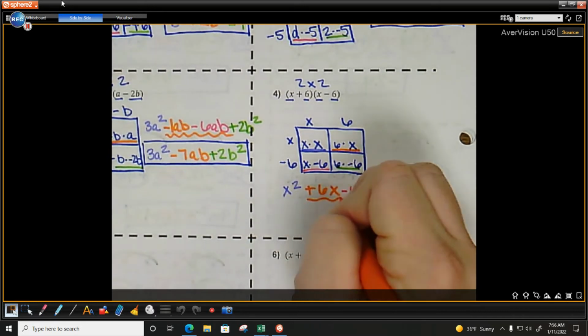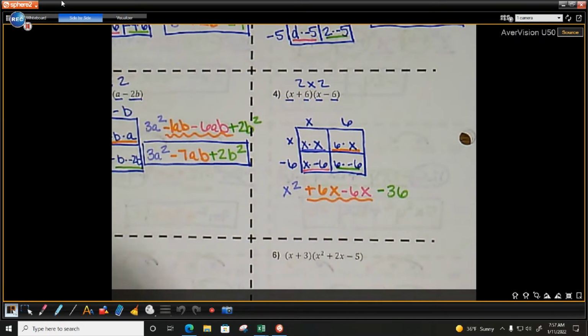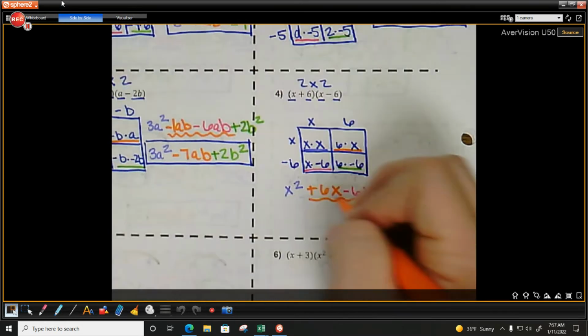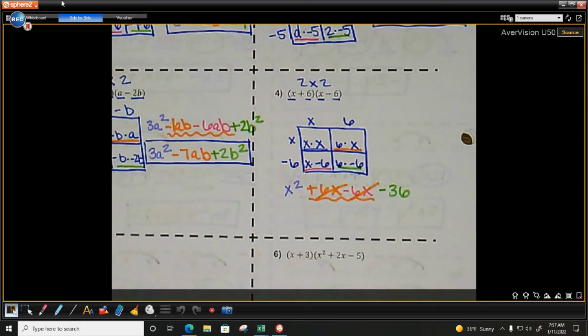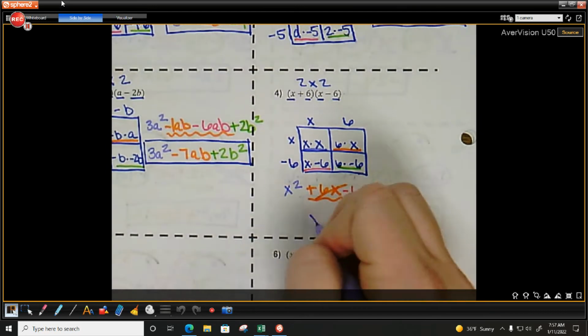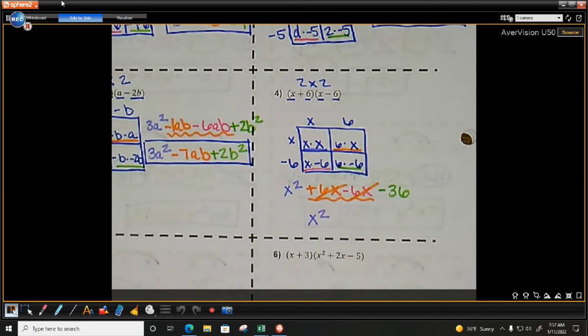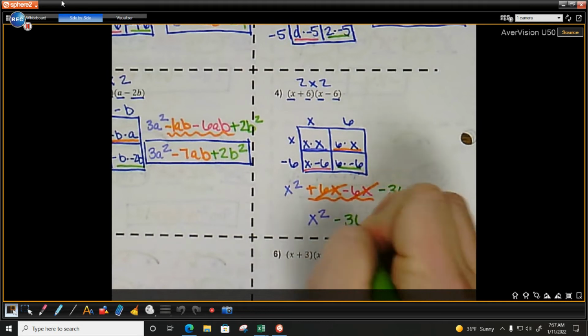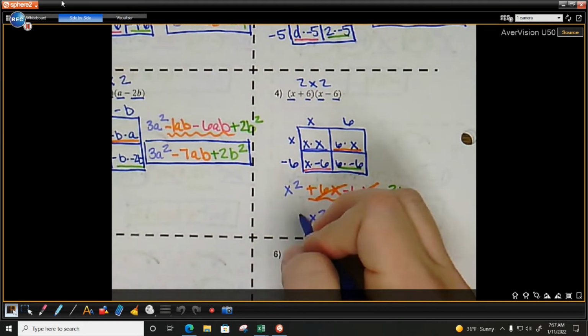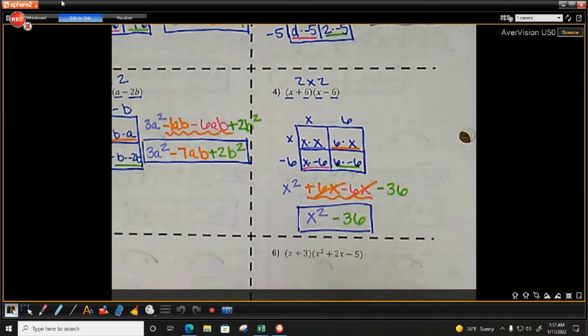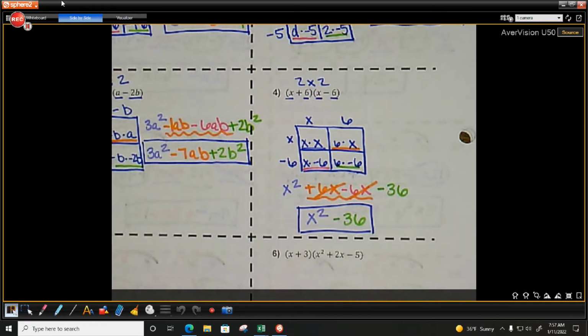What's 6x's minus 6x's? No x's. Gone, gone. So I am just dropping down my x squared minus 36. So that one was kind of tricky with the middle terms canceling out. Okay. Do we have questions over that one? Okay. Next one.